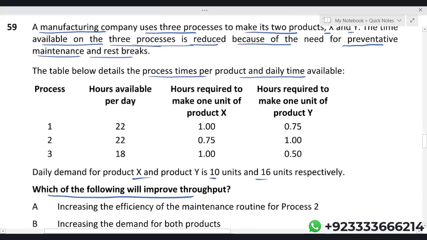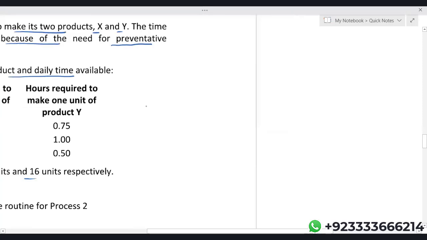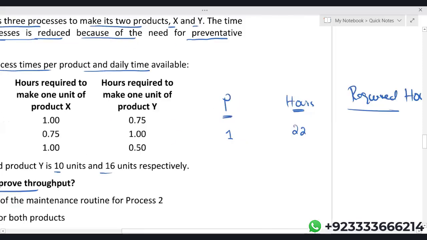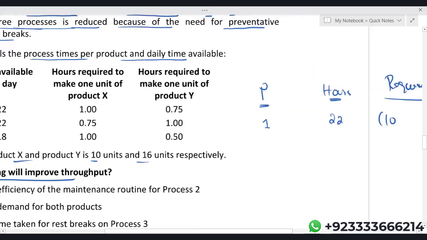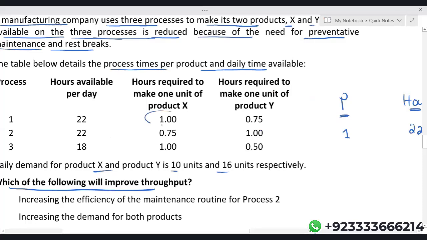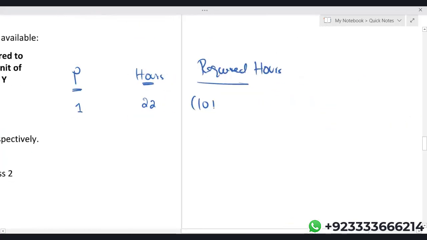First, let's find out which of these 3 processes is your bottleneck. Very simple. Process 1: available hours, we have 22. Let's compare available hours daily and required hours daily. The demand for X is 10 units, and 1 unit of X takes 1 hour, so multiply by 1.